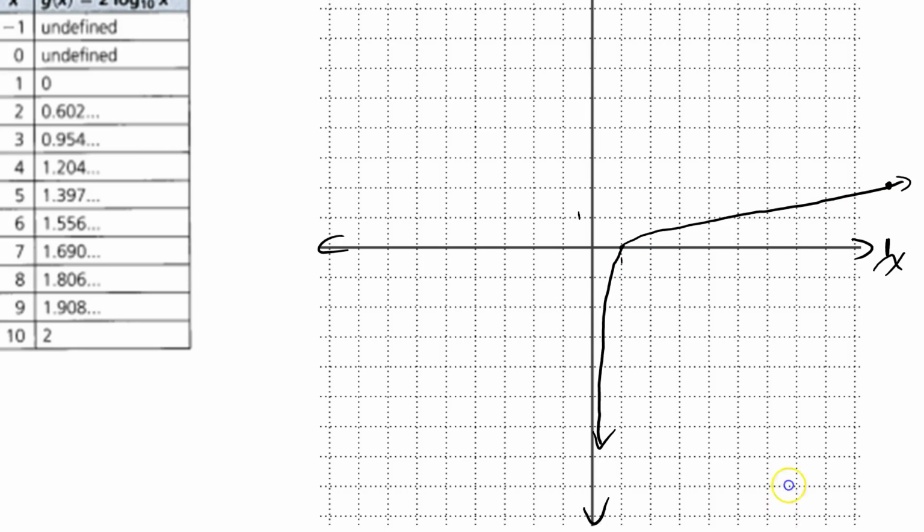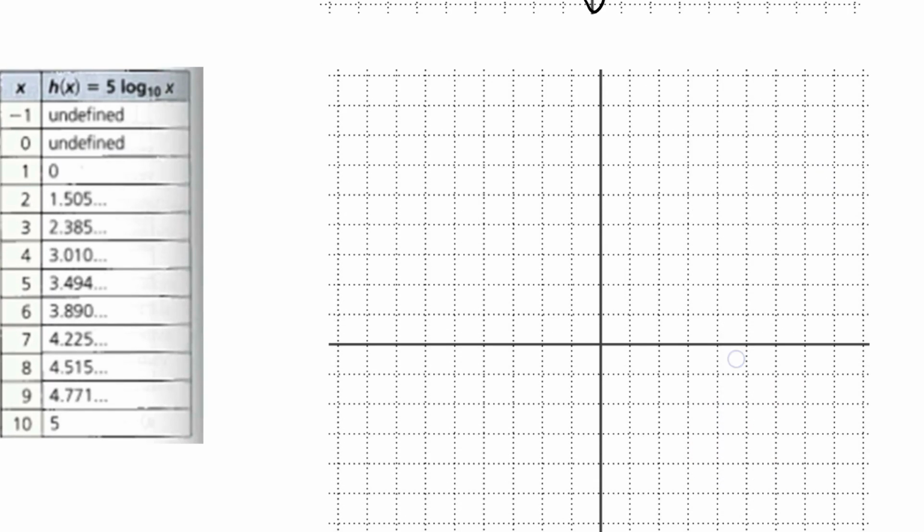Let's make a prediction here. What about this one? 5 log base 10 of x. This right here, we're still going to have the same x-intercept. The only thing that's going to change is how fast this thing rises. Let's graph it.